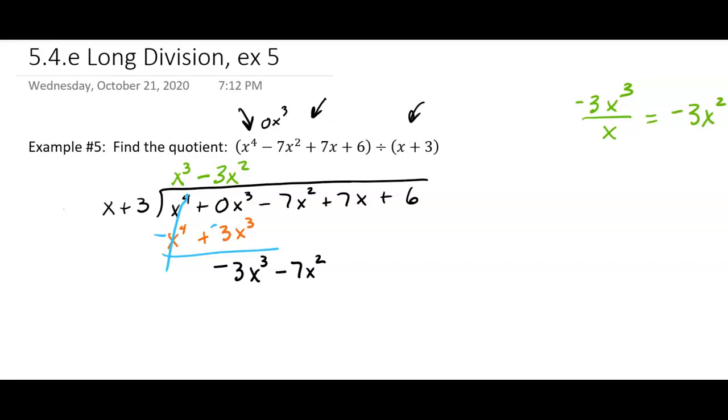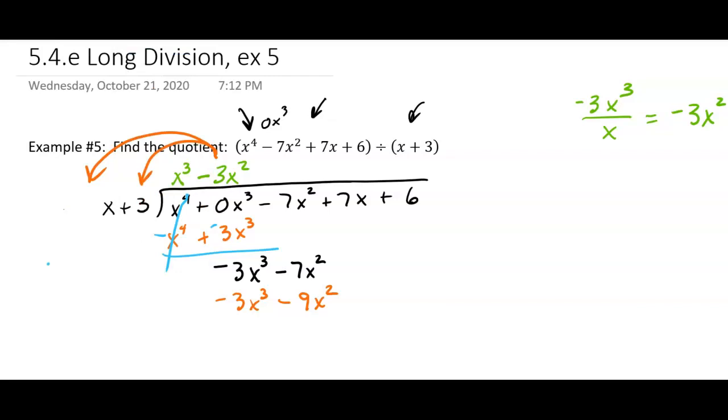Okay, now we're going to do the multiplying. And it's kind of a check. Negative 3x cubed, x squared times x. That's going to get me a negative 3x cubed. Perfect. Then I've got to go negative 3x squared times 3, which is going to be minus 9x squared. Okay, good. Now I've got to change the signs.